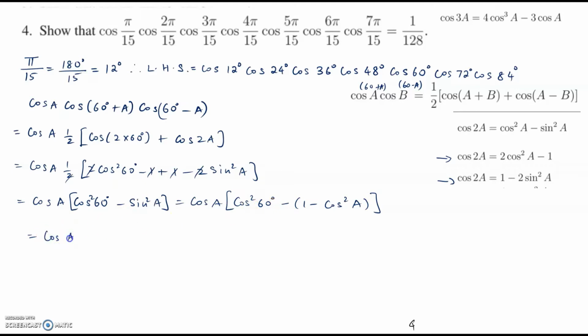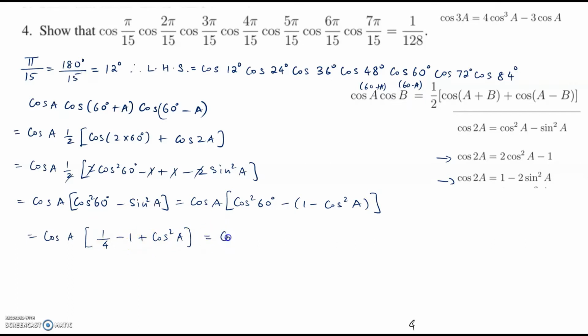So this is cos A into 1 by 4 minus 1 plus cos squared A. Further, 1 by 4 minus 1 will become minus 3 by 4.